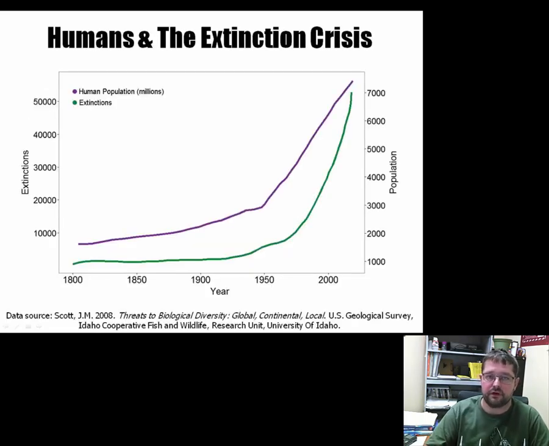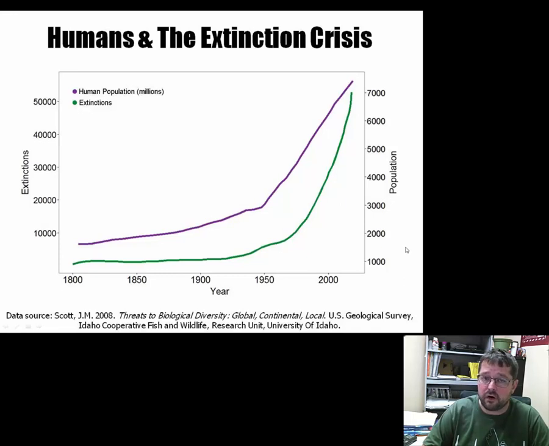For example, if we plot the human population in millions, over here on the right axis, that's that purple line going up. And then if we plot the number of known extinctions, these are extinctions of any organism, any species on the planet that we know of, and you plot that over here on the left axis, look at those figures.